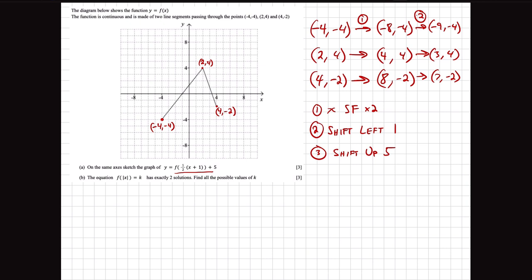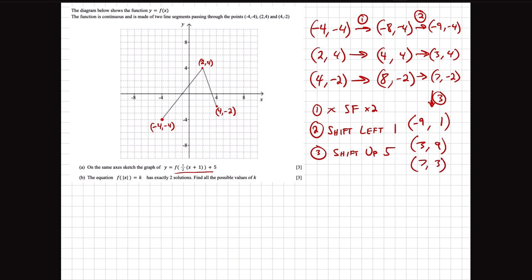Not doing anything to our y. And then lastly, this is our third transformation. Now we're shifting up 5 units, so that is only going to affect my y values. All of my x values will remain the same. Our -4 will become positive 1, our 4 will become a 9, and our -2 will become a 3.